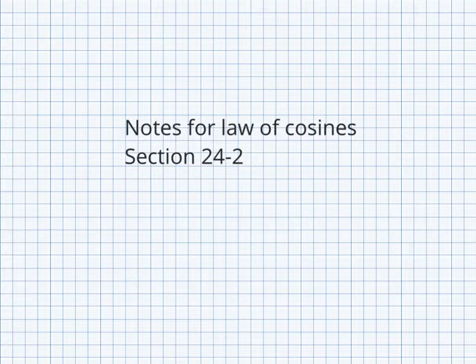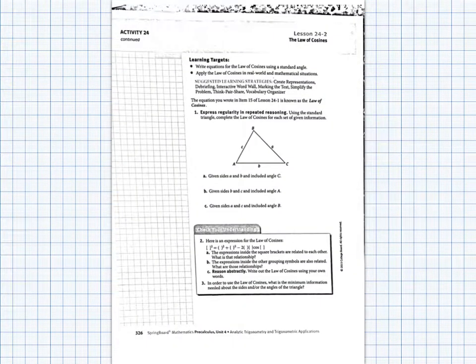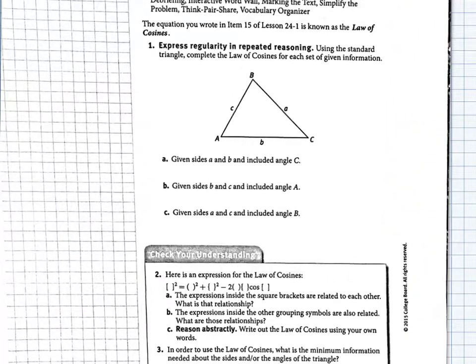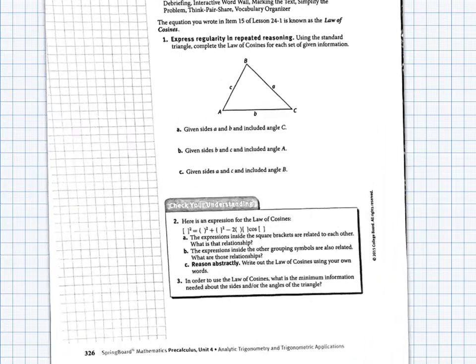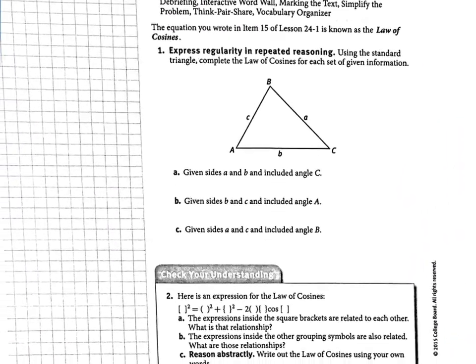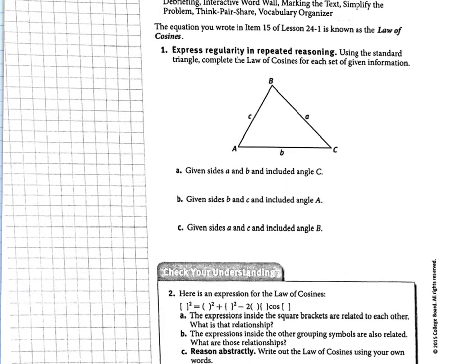Hi everybody, in case you need some notes on just the law of cosines, we're going to start here on page 326 of your book. Law of cosines is derived from right triangles, so there's a little bit of the essence of the Pythagorean theorem.